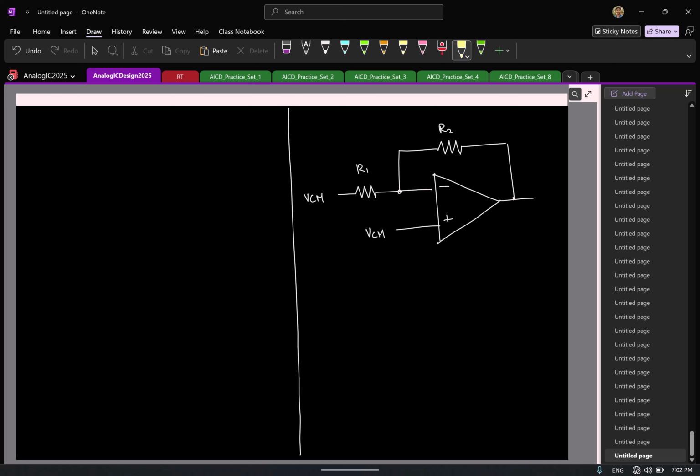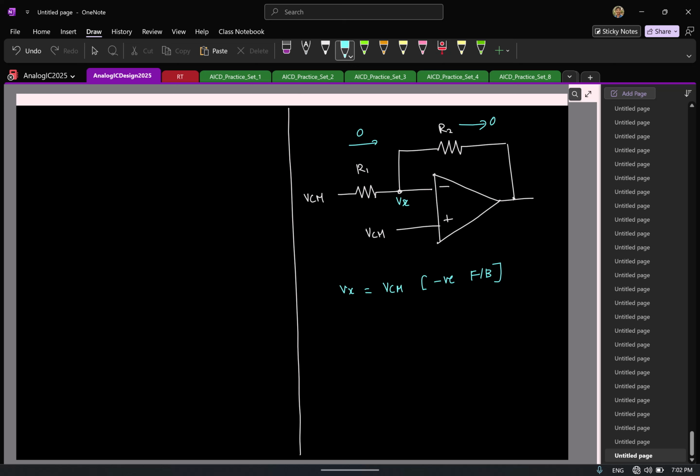Now what can you say about the virtual ground voltage Vx here? VCM. Who's setting this to VCM? The negative feedback and the virtual ground is setting it, assuming that the op-amp has infinitely large gain. Which means what can you say about the DC current flowing here? 0. What can you say about the DC current flowing here? Which means what can you say about the output and Vx?